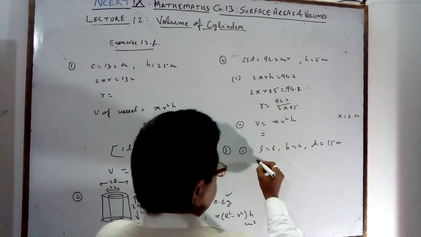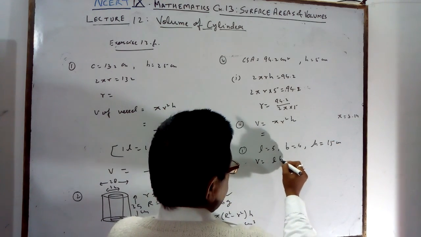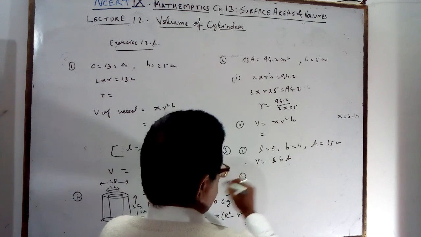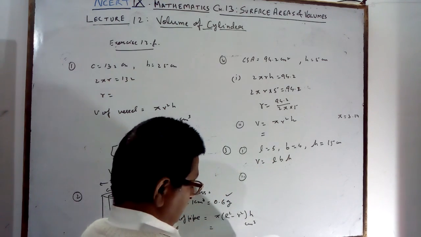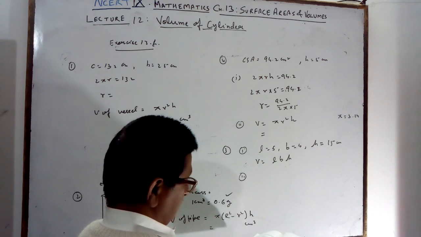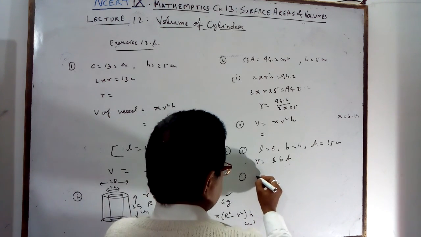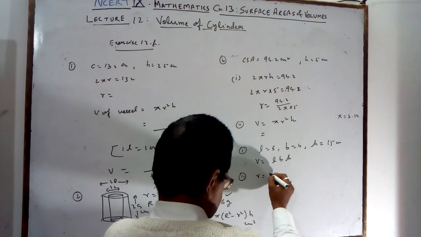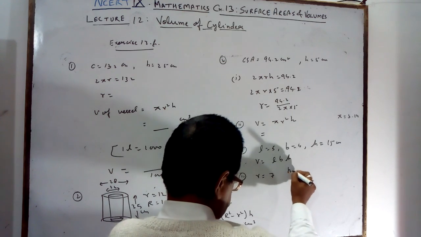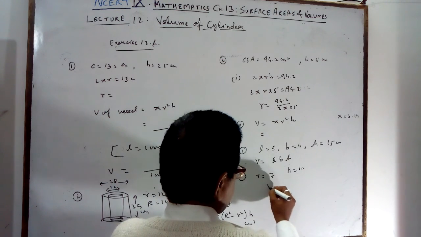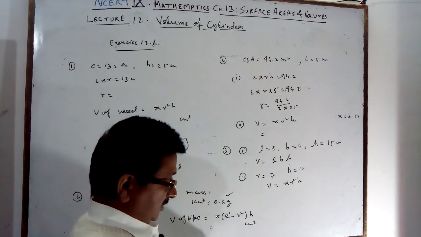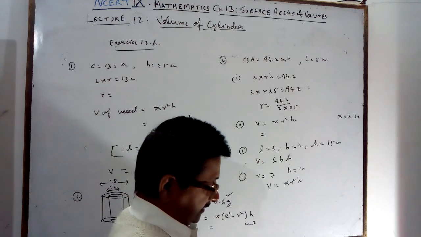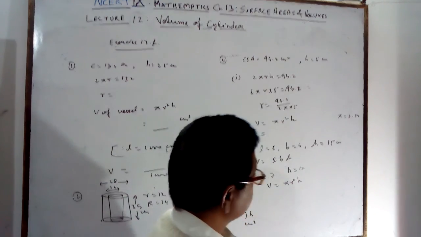So volume is L B H. Second part: the soft drink is available in another pack, a plastic cylinder of base radius 7 centimeter and height 10 centimeter. Then volume. In both you calculate which container has greater capacity and by how much.